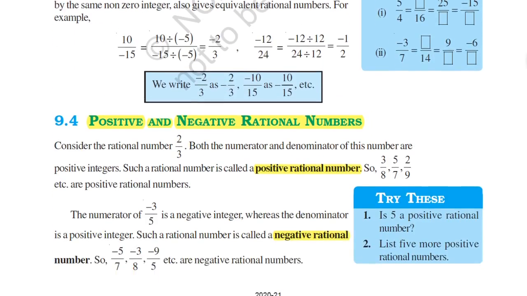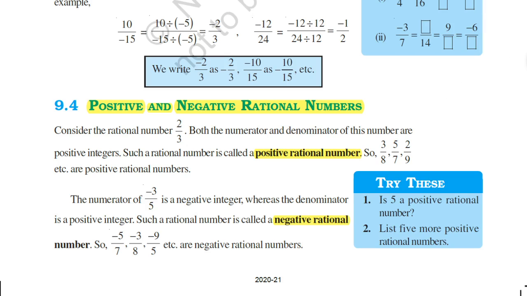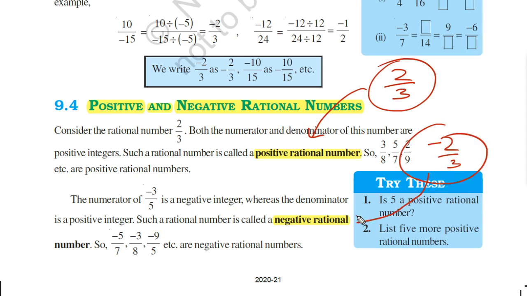Now we'll move to positive and negative rational numbers. Very simple. We will take an example, say the same 2 by 3. Now you can say 2 by 3 is a positive rational number. Now if we write minus 2 by 3, then we can say it is a negative rational number. Or in other words, if you write 2 by minus 3, we can say it will be a negative rational number.